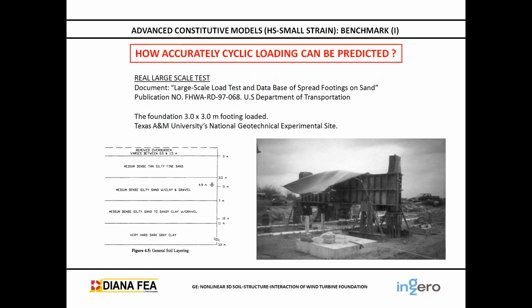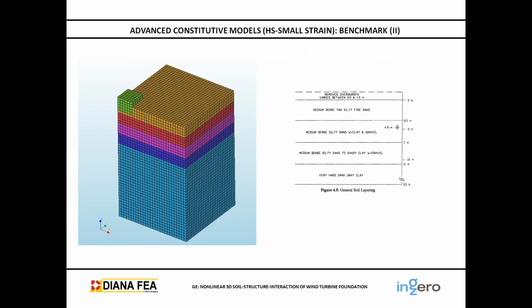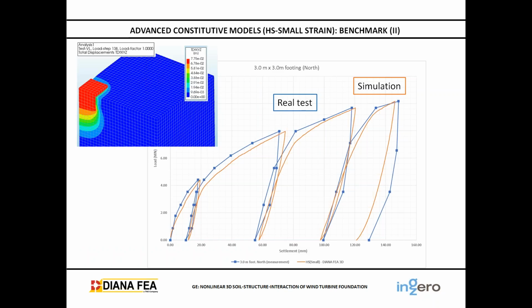It has this soil layering, and we have reproduced and simulated that test with DIANA. We have introduced the same general soil layering, and we have loaded, reloaded, and applied the cyclic loading they have done. Here we have the comparison between our simulation, in orange, and the real test they have done, in blue. So we can nearly say that we have a perfect match. So we can believe that model.